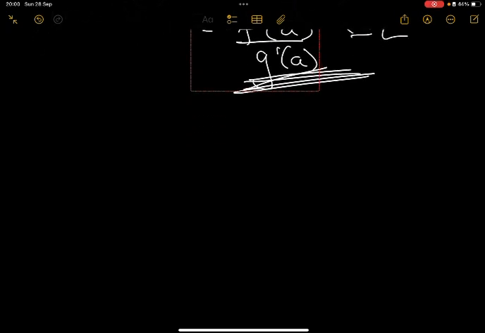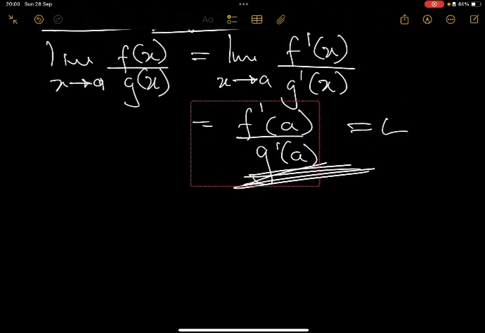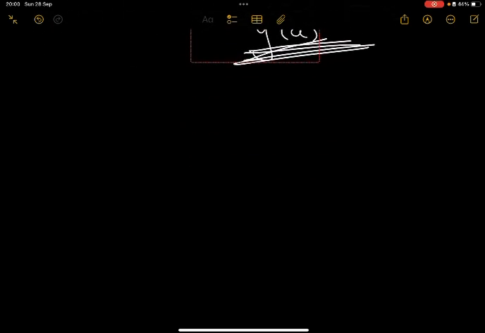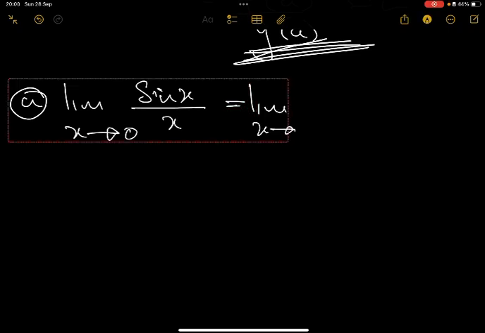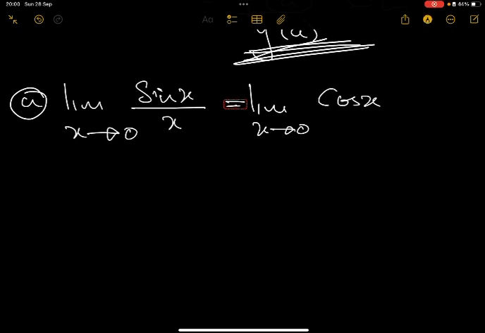So let's work the questions that I have put on top. A, we have the limit as x approaches 0 of sine x over x. You differentiate sine x and you get cos x. If you differentiate x, you get 1.